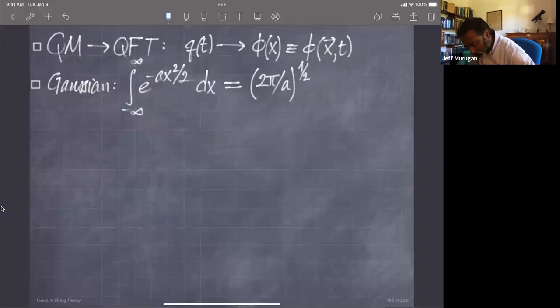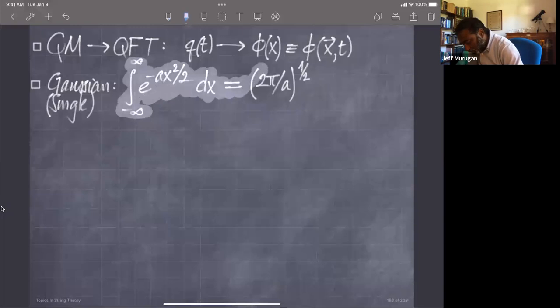Let's call this the single Gaussian integral. All right. So now let's consider a generalization that's going to be multiple Gaussians.